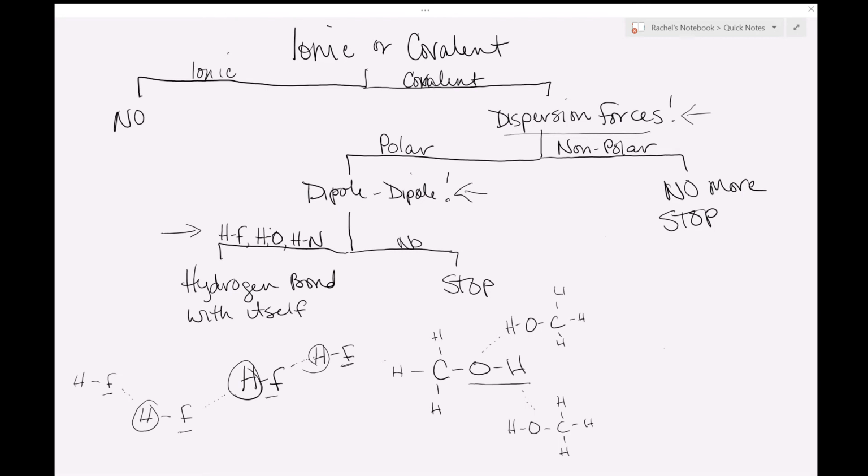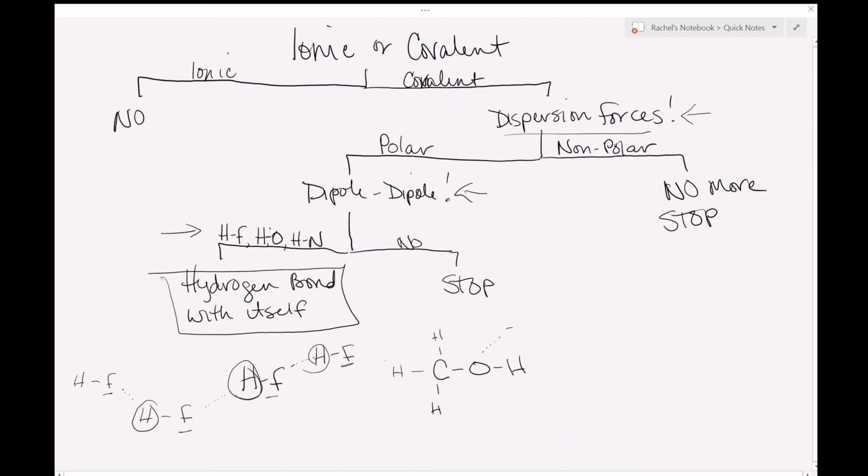Let me think if there's anything else I want to tell you. Oh yes, so when we are talking about hydrogen bonding, there's two ways that we can hydrogen bond. We can hydrogen bond with itself, and that's what we're talking about here. But it would also be possible for something to hydrogen bond with water, because water can hydrogen bond with other things.